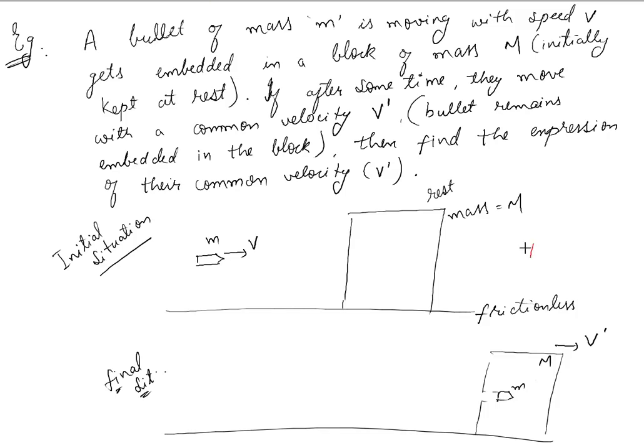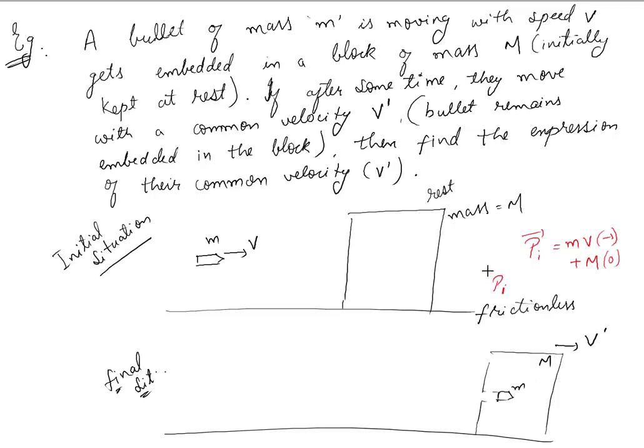So if we have to write the initial momentum of the system, it will be equal to the momentum of the bullet plus the momentum of this block. The momentum of this bullet is mass of bullet into velocity of this bullet, the magnitude of velocity is v, and it is directed in this direction, plus the mass of this block is capital M, and since it is at rest, the velocity of this block is equal to 0.